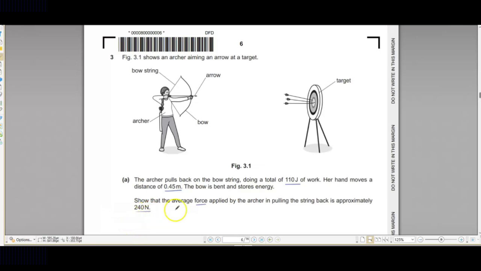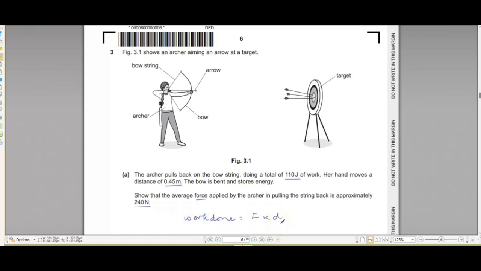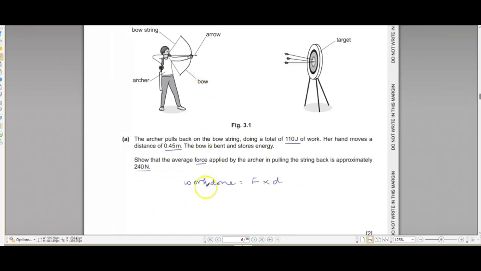Now we've been given work and distance. So we are going to use our formula: work done is equal to force into distance. So work done is 120 joules.